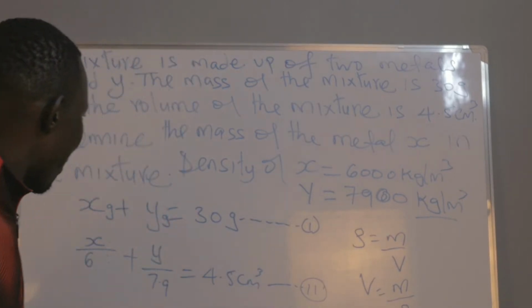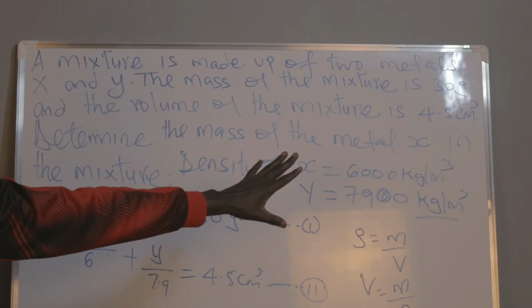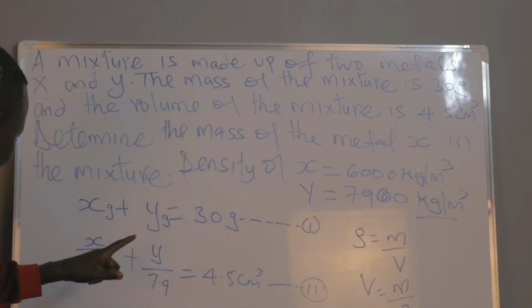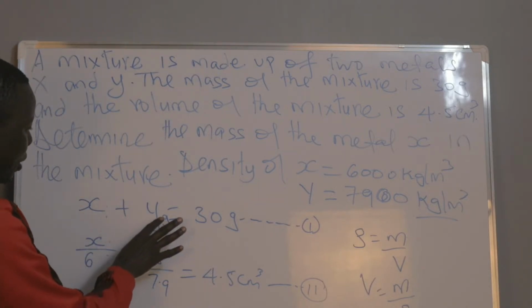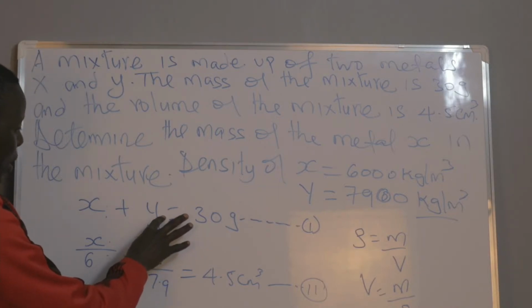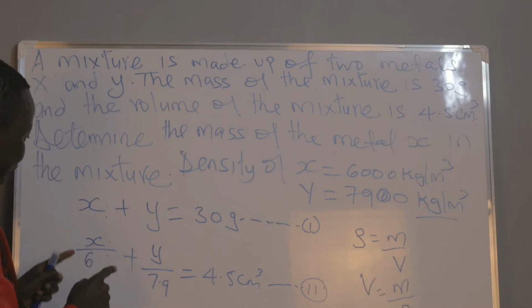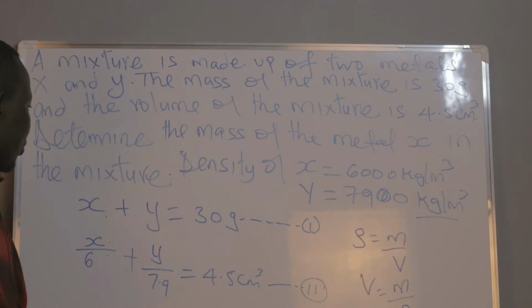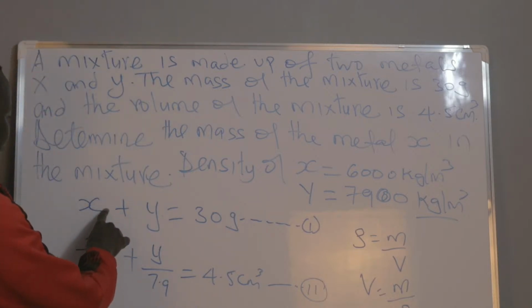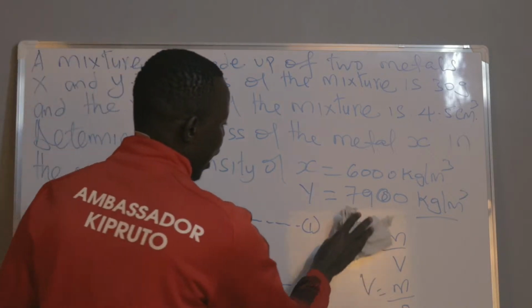Good. Now, we're supposed to be done with this in the next minute. So X plus Y is equal to 30, and X over 6 plus Y over 7.9. I want us to make X the subject of the formula.